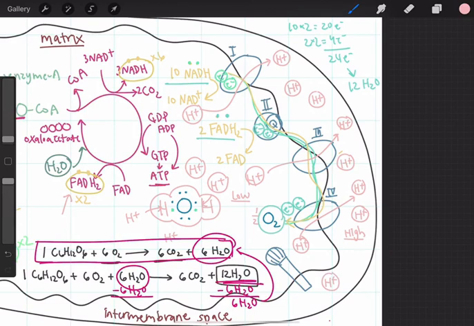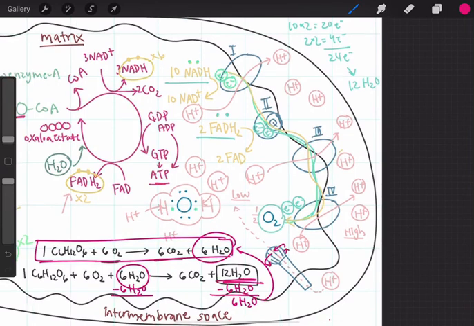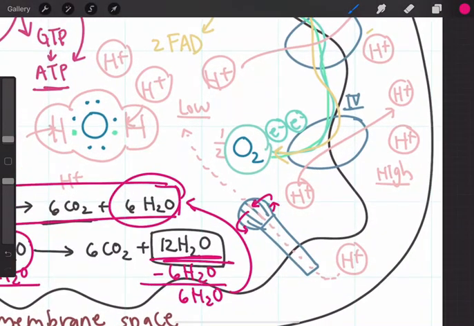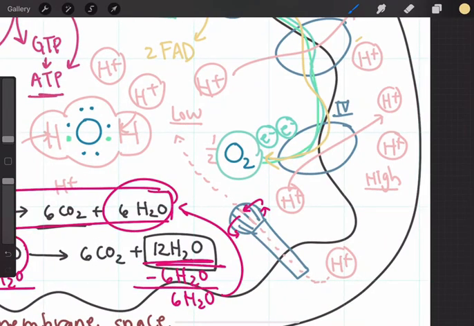So these protons are going to want to move from an area of high concentration to an area of lower concentration. This proton gradient that has been generated is going to allow these protons to diffuse through ATP synthase by the channel provided. And in the process of that diffusion, it's going to rotate this rotor that is part of ATP synthase. As this rotor is rotating, zoom in here, it's going to help phosphorylate ADP.